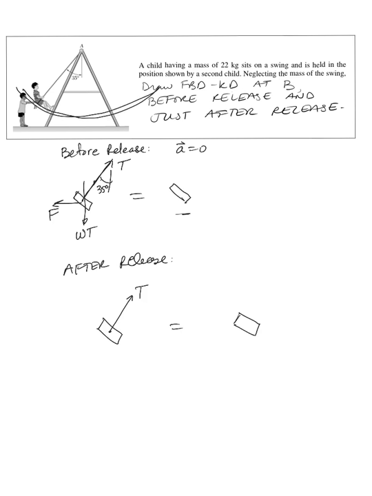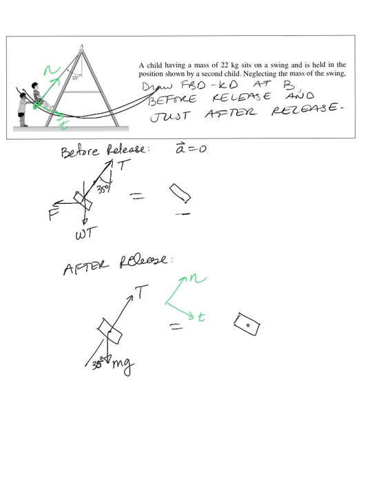So I'm going to end up using tangential and normal coordinates. And so I'm going to put those coordinates right here. And I've got over here, the only other force besides the tension is just the weight. And again, that's at 35 degrees.